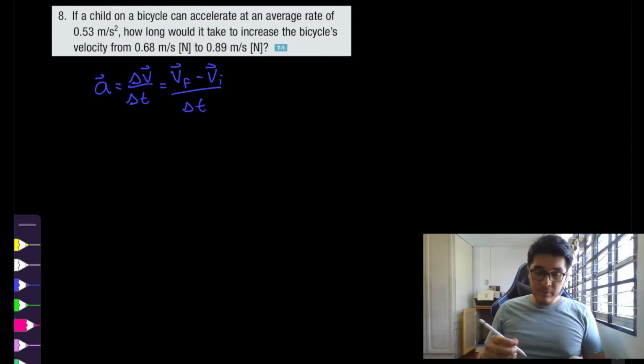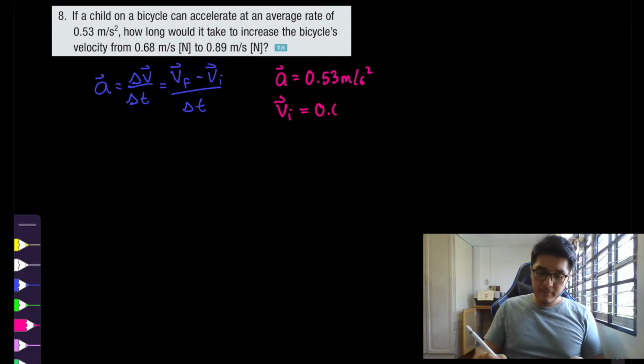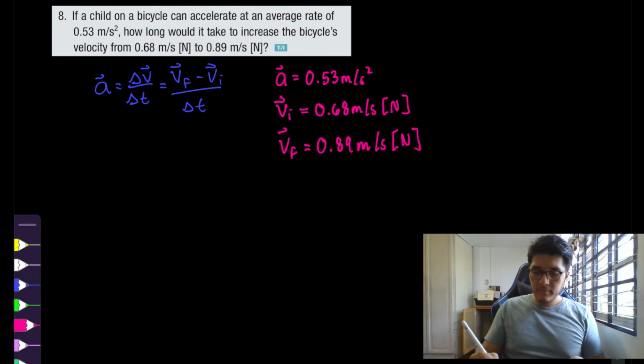Right, then all we have to do is identify the different quantities in this case. So they give us that the acceleration is 0.53 meters per second square. How long will it take to increase the bicycle's velocity from, remember from is the initial, that's where you're starting from, and to will be your final. So now we can just plug this nicely into our formula.